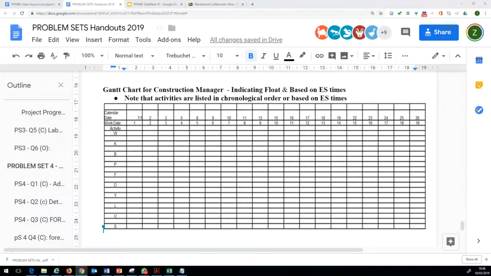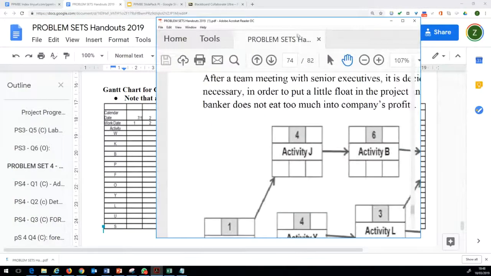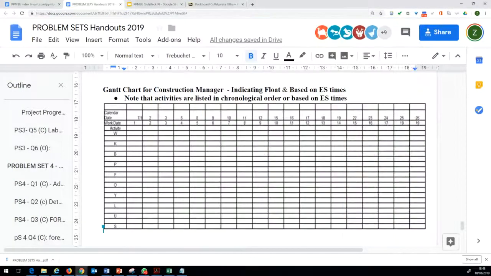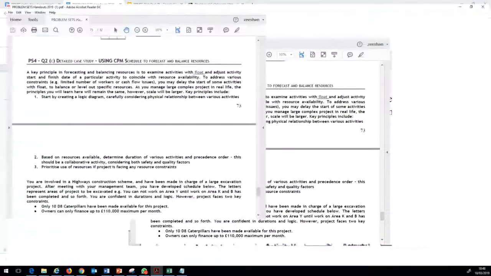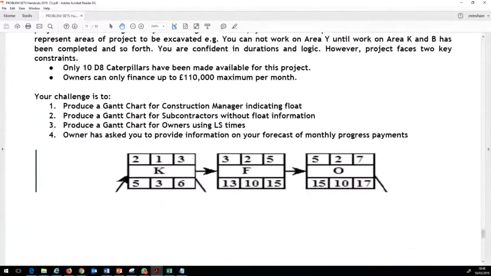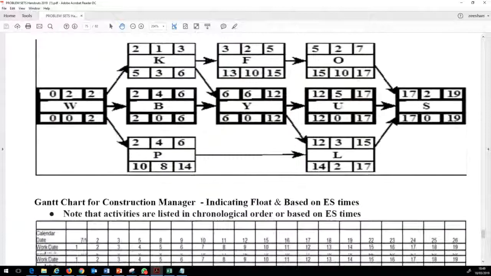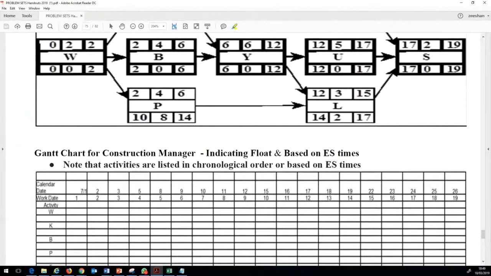So the first one which you're being asked is to, so I have moved this to Adobe, which may allow me to do the edits. So I can use the highlight tool.